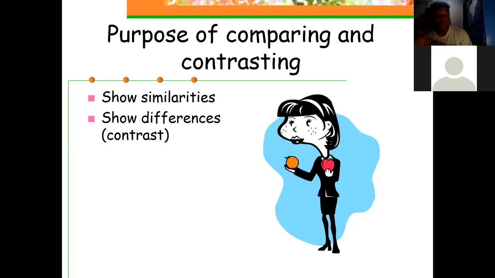The synonym of comparing is similarity, and the synonym of differences is contrast, right? Contrast between the two subjects. This is the principal purpose of this essay, right?